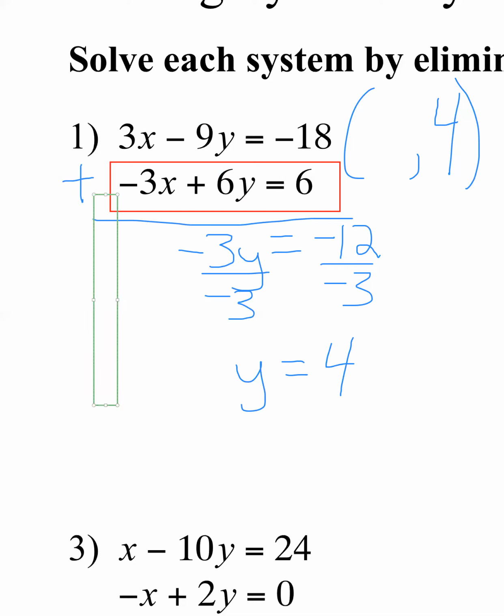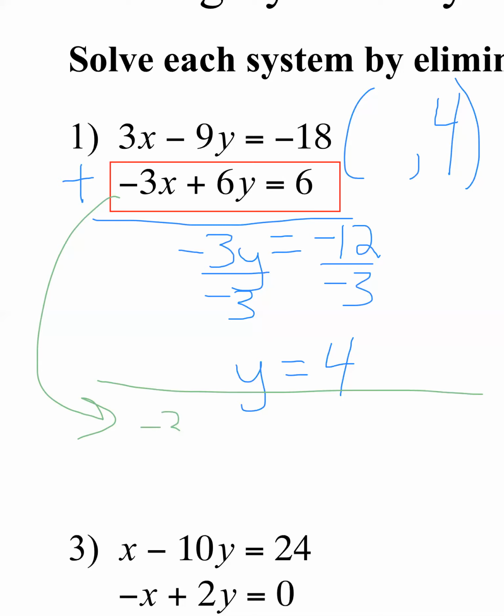Okay. And I'm just going to plug in the y value that I got, a 4. So let's plug this in. I'm going to do negative 3x plus 6 times, and now I know that y is 4, equals 6. So now I can just solve for x.